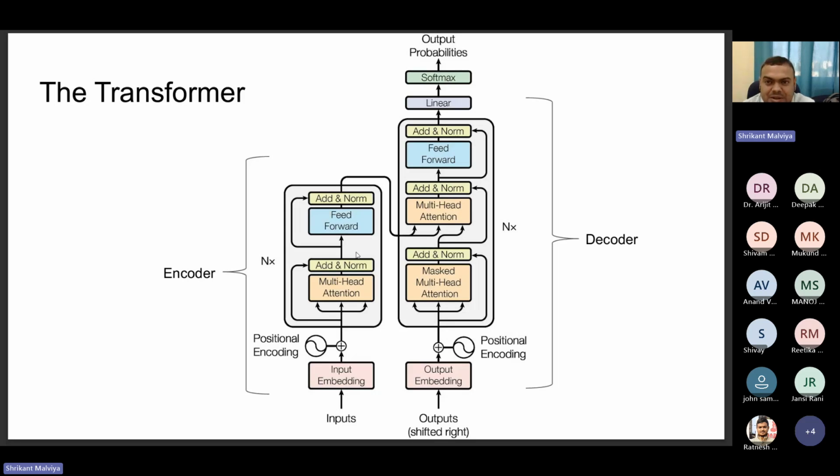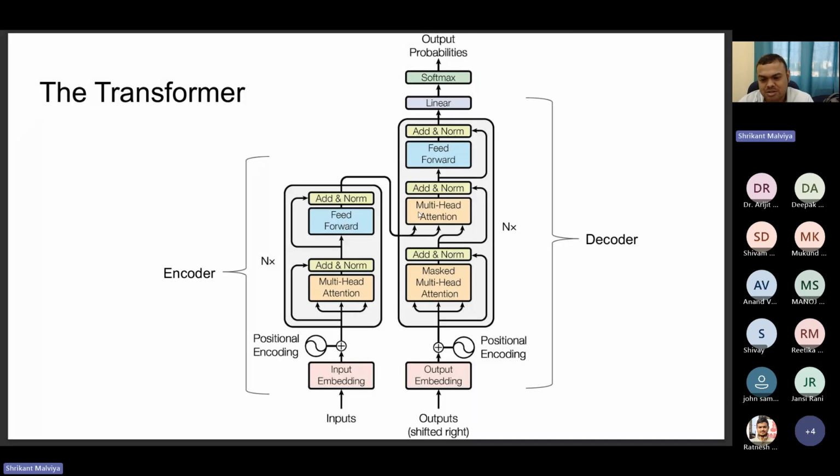Otherwise, it will just be a transformation layer. That's why every node has these two processing layers, multi-head attention and feed-forward. And I told you why residual addition and normalization are required. So that was the encoding node.